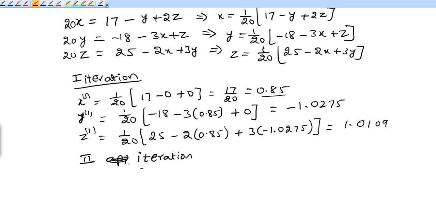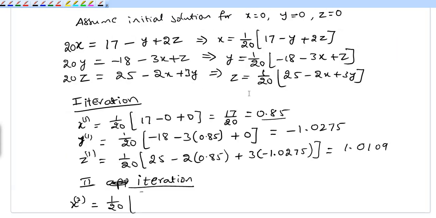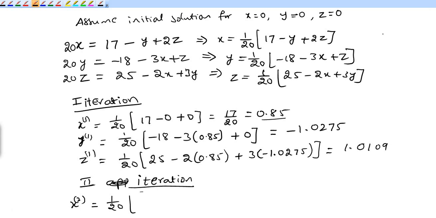Both the ways you can call it. Second iteration, here x2 is equal to 1 by 20 into, look at these equations 1, 2 and 3. Always you have to refer these two equations to substitute here. So 1 by 20 into 17 minus y.